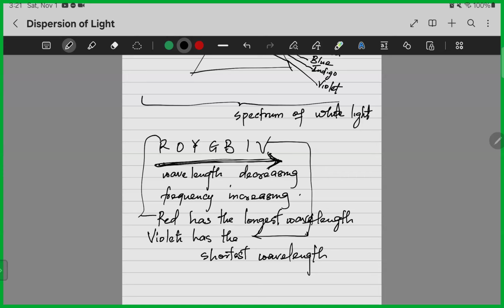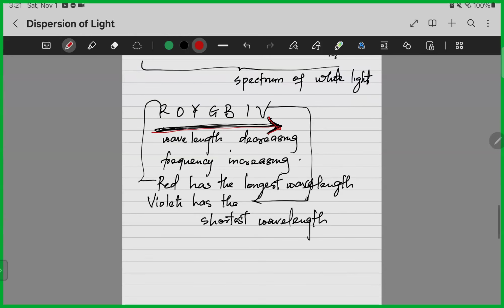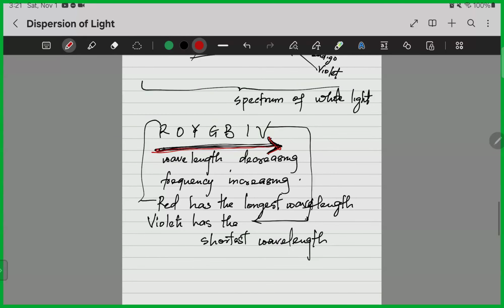Then you can easily interpret that, between red and orange and yellow now, the one that will have the longest wavelength is red. But between orange and yellow, you know that orange will have it. Between yellow and green, yellow will have the longest. So it keeps reducing as we go like this. So same thing for frequency. As we go like this, frequency is increasing.